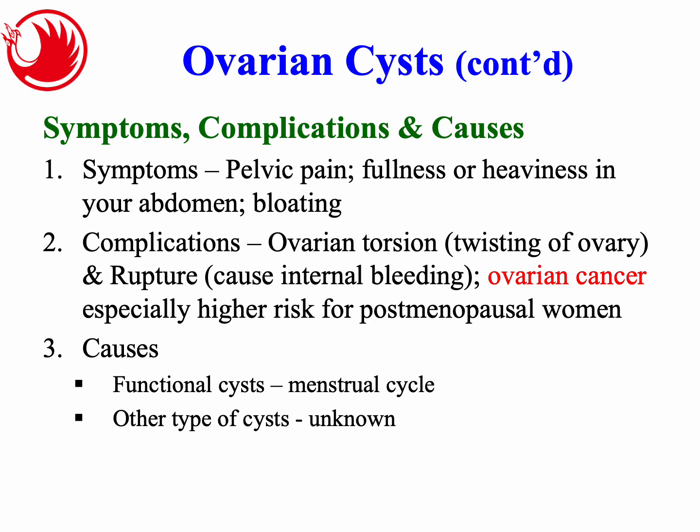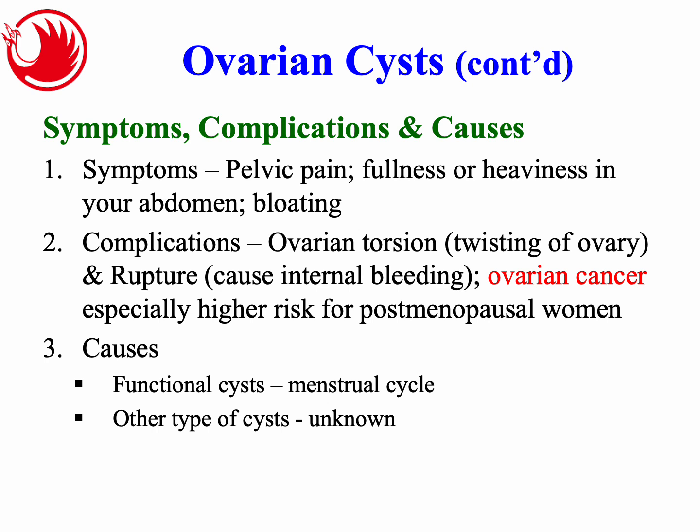A cyst can also burst, leading to internal bleeding and sharp, sudden pain. The worst condition is the cyst becoming ovarian cancer. Most cysts are benign, which is non-cancerous, but there is a higher risk of ovarian cancer in post-menopausal women.